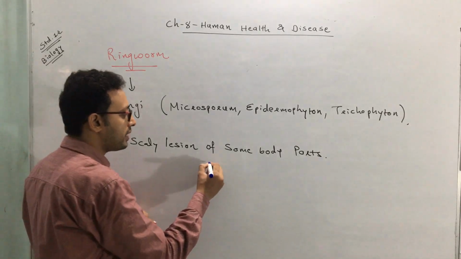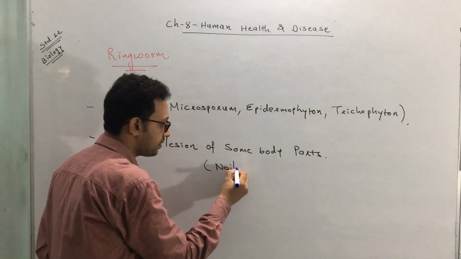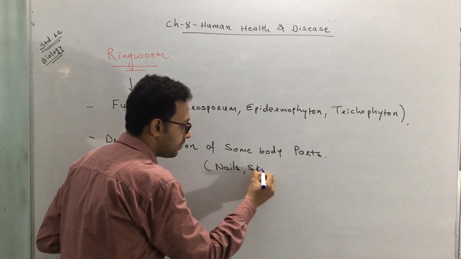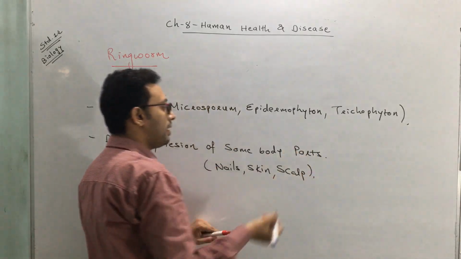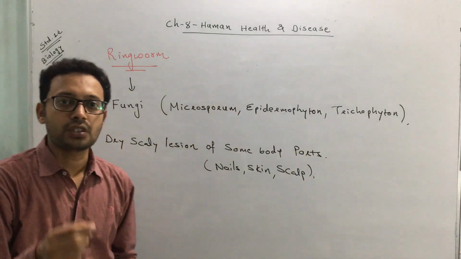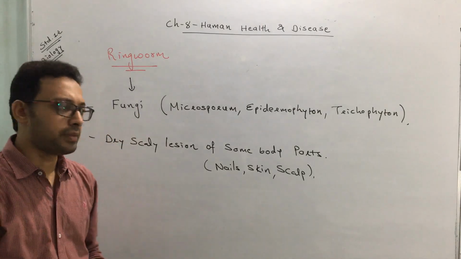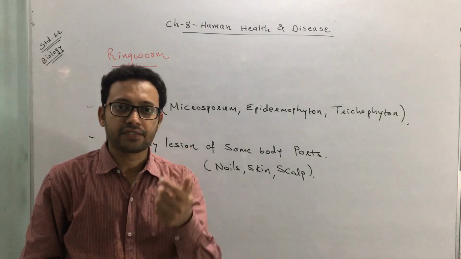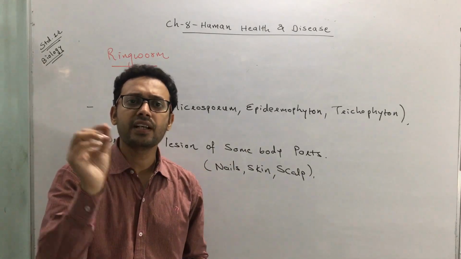Usually the body parts which are affected are nails, skin, and scalp. These are the parts which are affected, and that forms dry, scaly lesions. I can give you a very good example that you might have seen, dandruff. What is dandruff? Dandruff is another type of fungal infection.